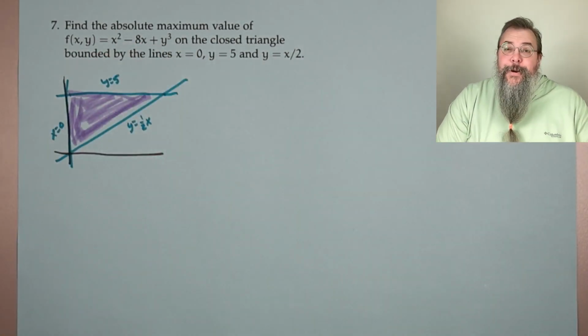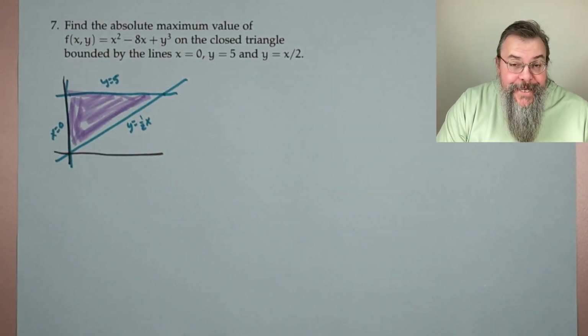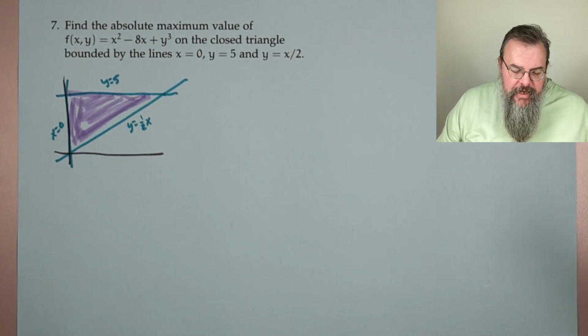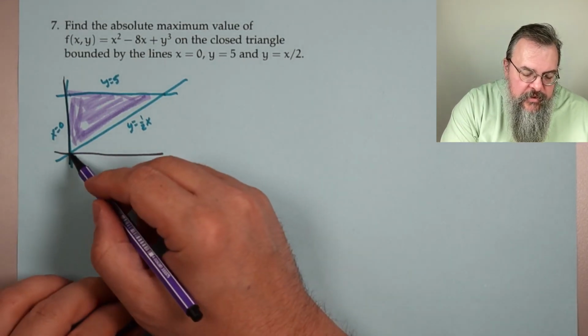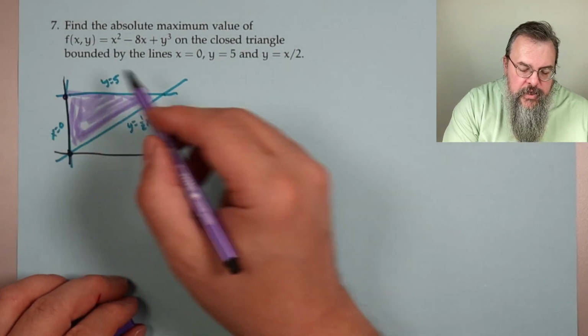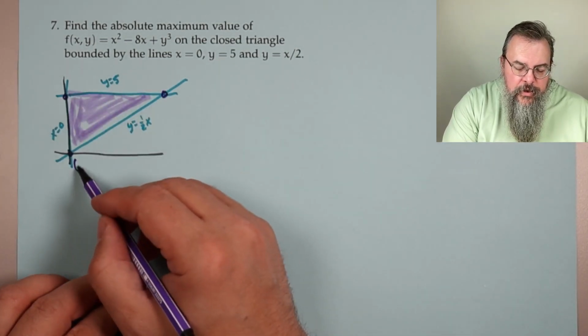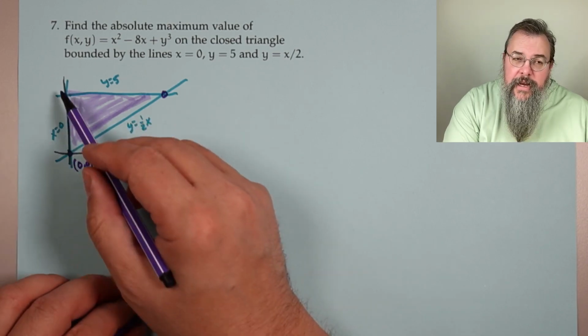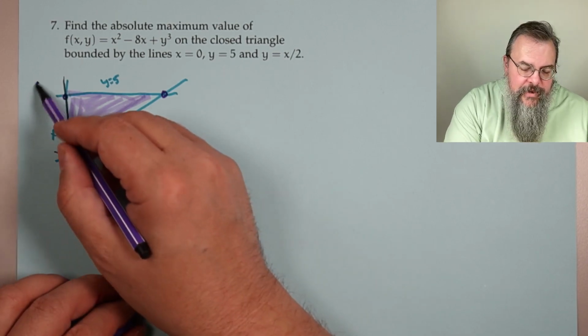Now, this is our make a list. So we're going to make a list. And if we're going to make a list, we've got to know a couple of things. Let's talk about our corners. One corner is pretty easy, the origin. This corner is also pretty easy because we know that x needs to be 0 and y needs to be 5.